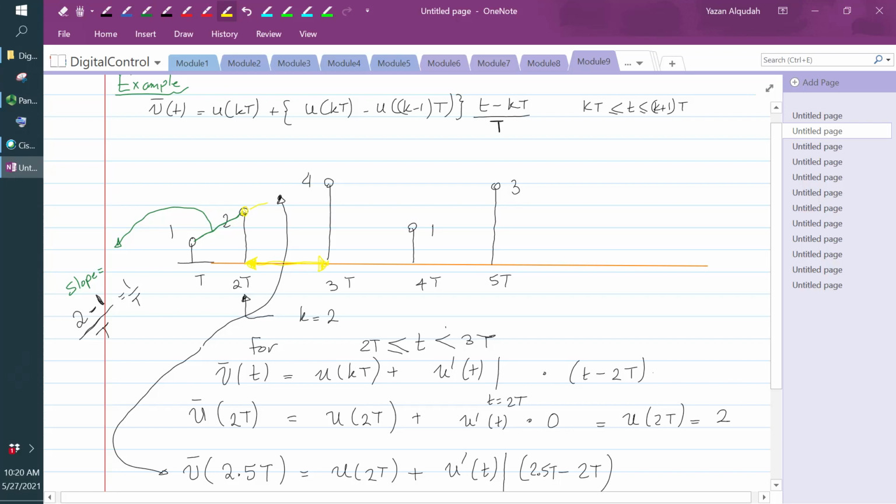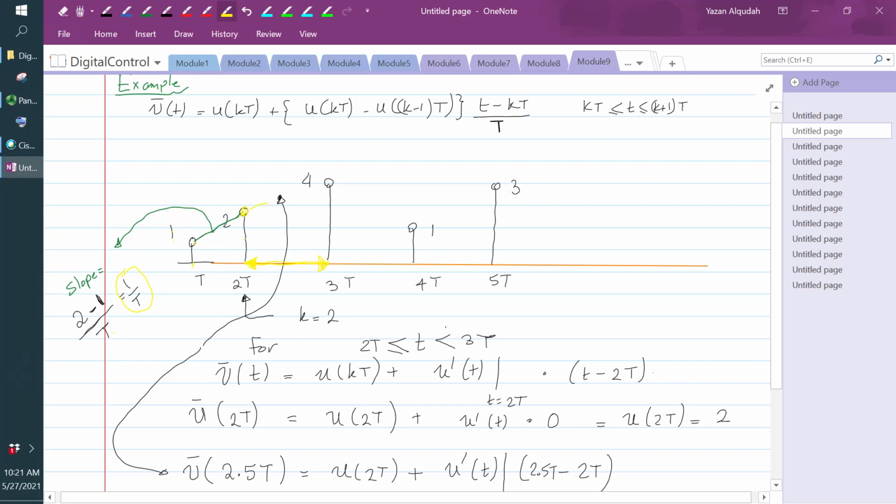The way we calculate the derivative is I take this point, which is the 2, take the previous value, u of (k minus 1)T, which in this case is equal to 1, and subtract: delta y divided by delta x to get the slope. So the slope is equal to 2 minus 1 divided by delta x, which is equal to T. So in this case the slope is equal to 1 over T.